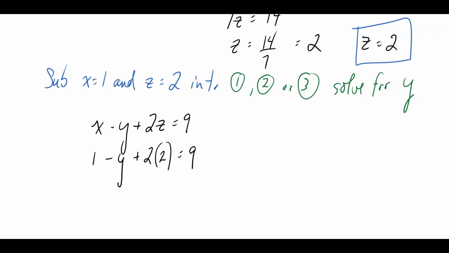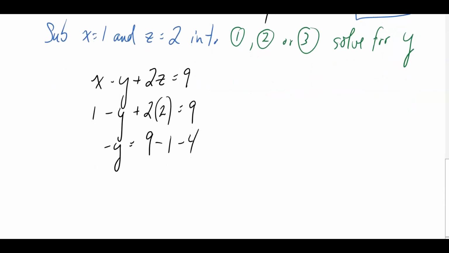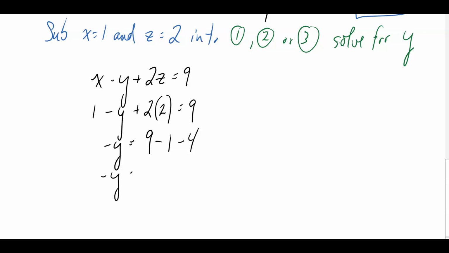So minus y equals 9, and I'm going to move the 1 over, so it's a minus 1, and that's a positive 4, so I'm going to move it over to negative 4. I get that minus y equals 9 minus 1 minus 4, which is 4.